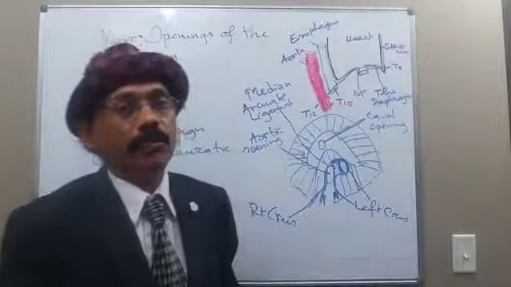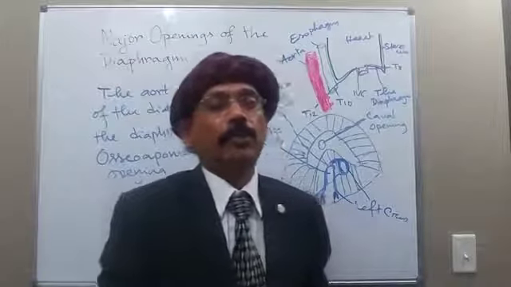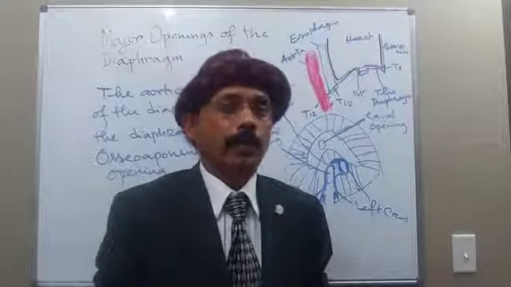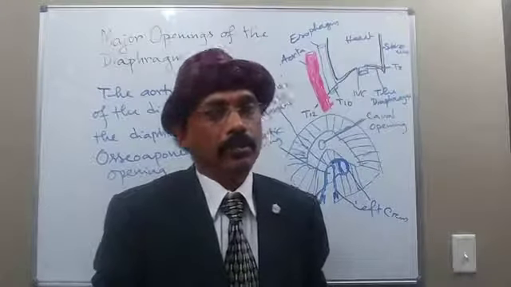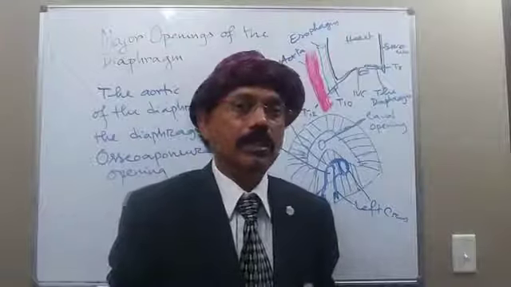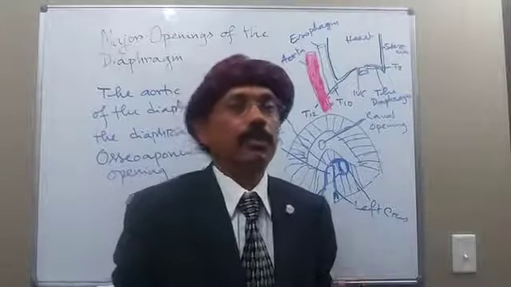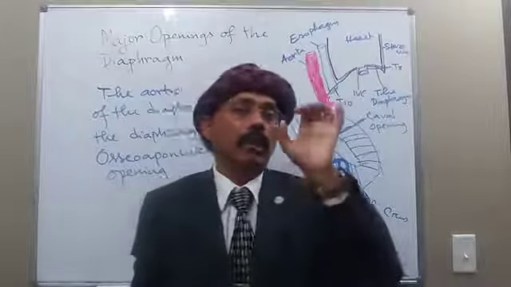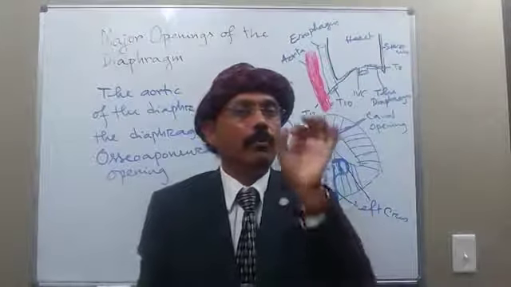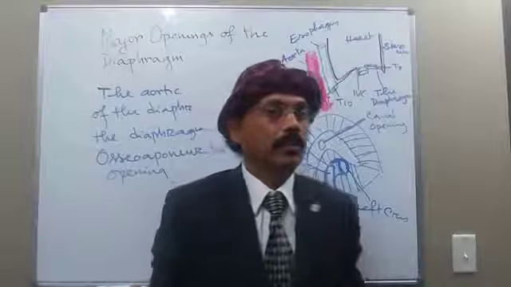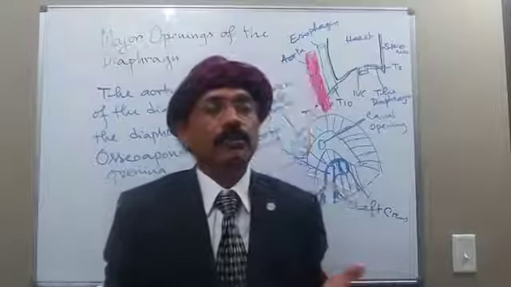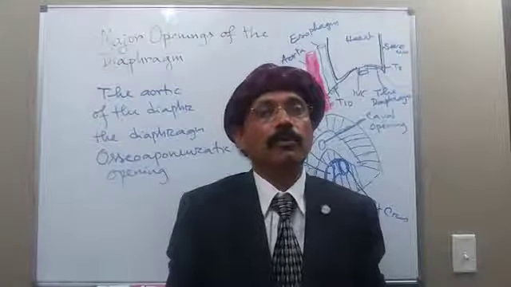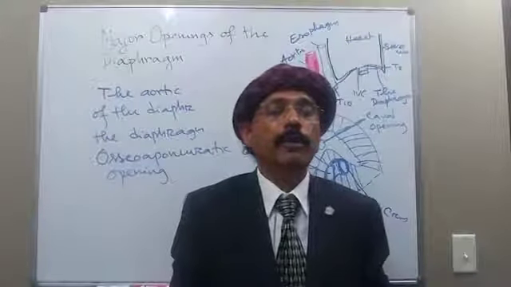So contraction of the diaphragm does not affect the flow of blood through the aorta. Aortic blood flow will be intact in both inspiration and expiration. But during inspiration, the vena caval opening will enlarge and the esophageal opening will constrict. But the aortic opening would not be affected because it is an osteoaponeurotic opening.